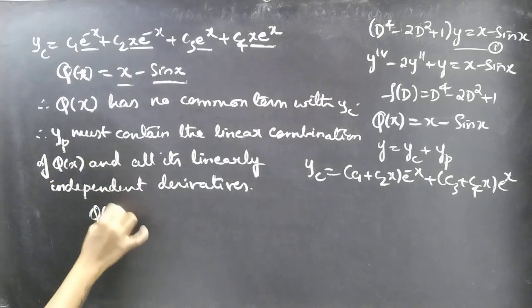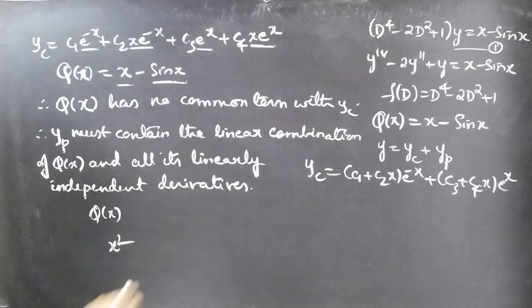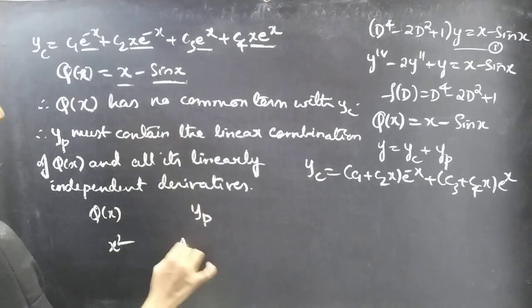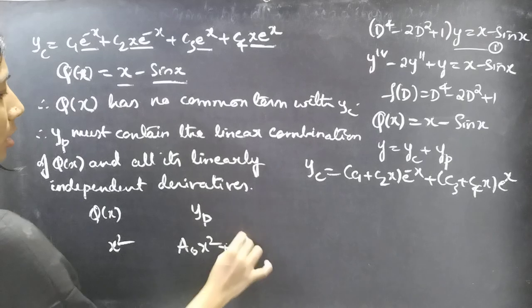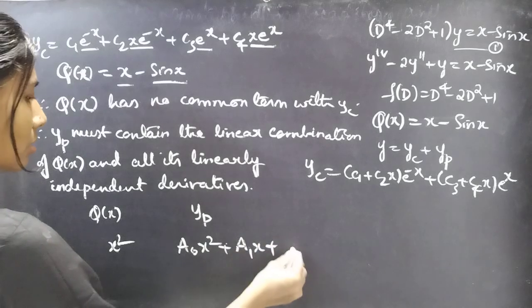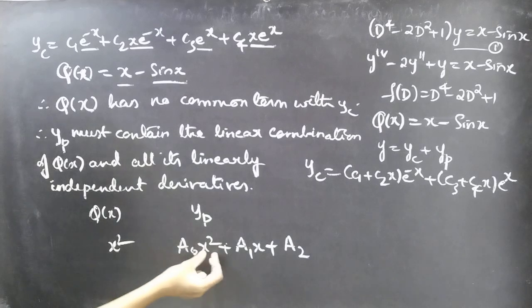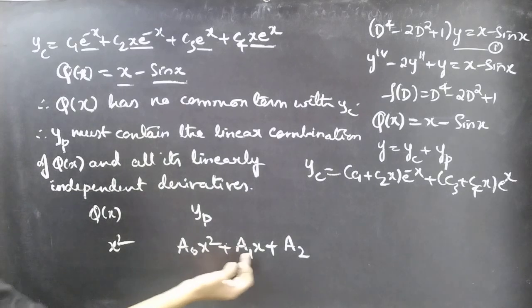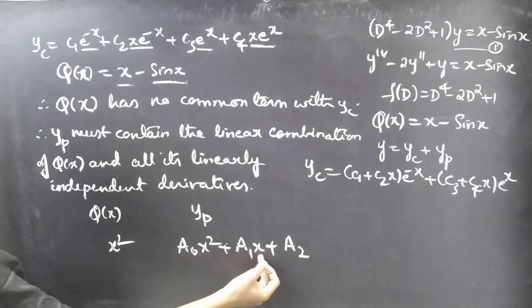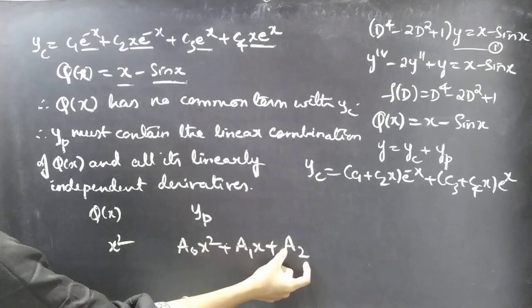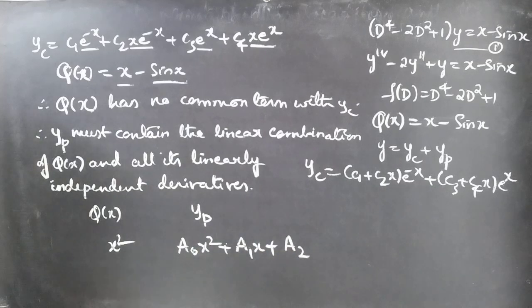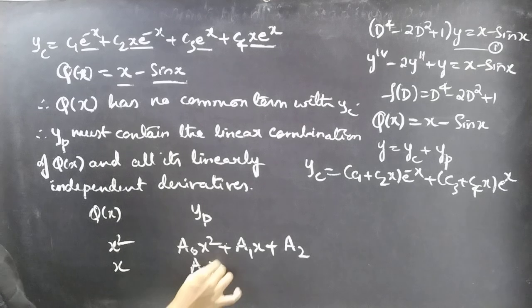When q of x is x square, yp will be a naught x square plus a1x plus a2, because derivative of x square is 2x, so you'll get x into some constant, and derivative of x is constant, so instead of writing constant you'll write a2. Likewise when q of x is x, then yp will be a naught x plus a1.